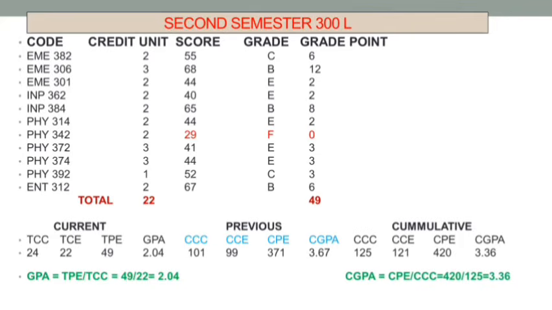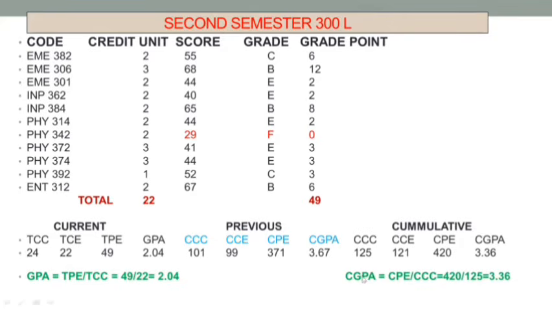It's at that level whether you increase or you decrease, as we can see from here. So the GPA of Mr. Boy, 2.04. Oh, he crashed. Then let's look at his previous. He was on 3.67 before, now 2.04.